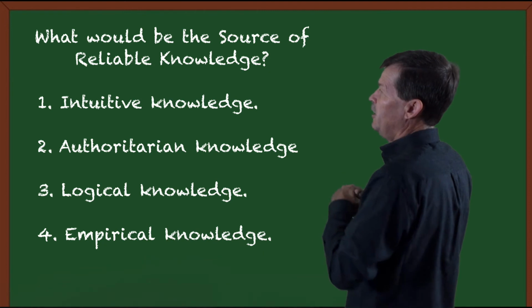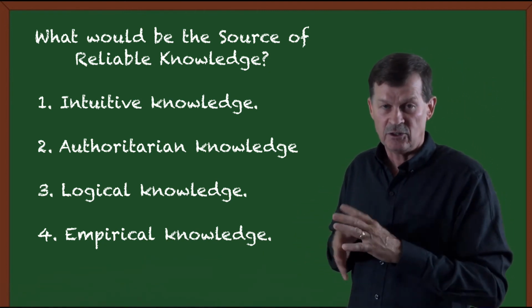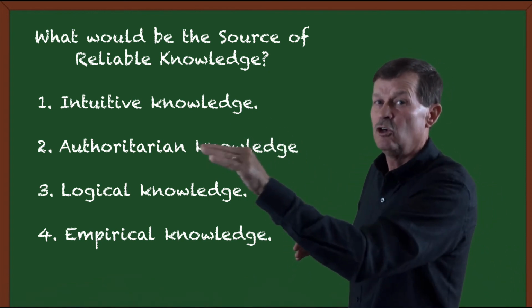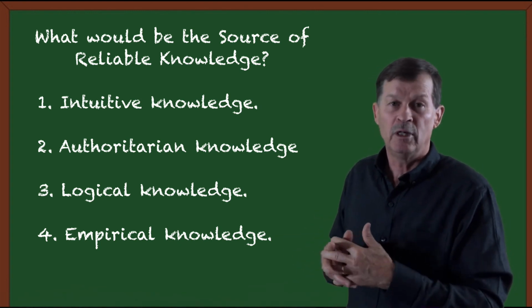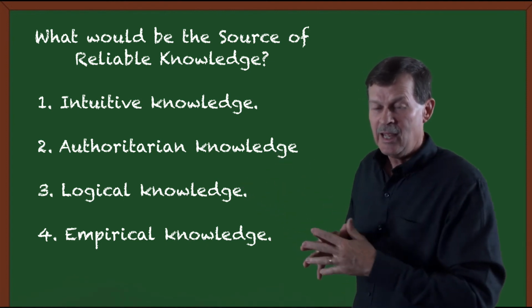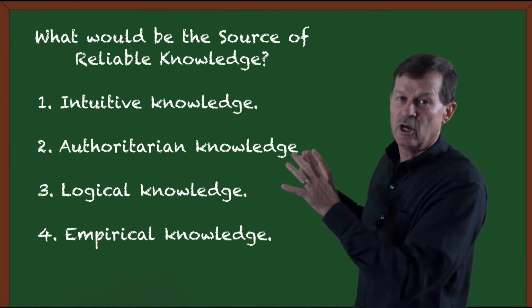Would it be authoritarian knowledge? Number two, yes. They are very authority-based, and the authoritarian knowledge means that the locus of authority is external to them in some way. Now, authoritarian-based could be another person, it could be a document, a book, it could be revelation. And that's what we are going to focus on in this one.